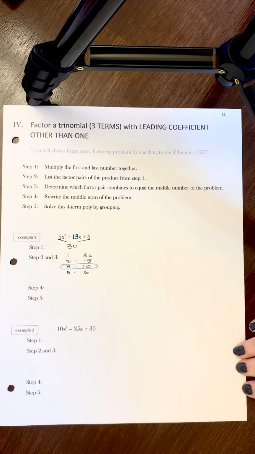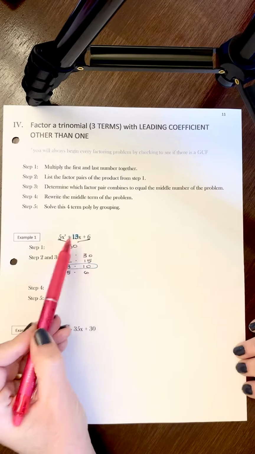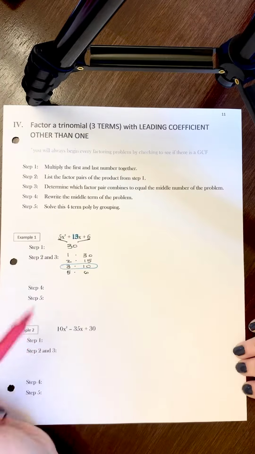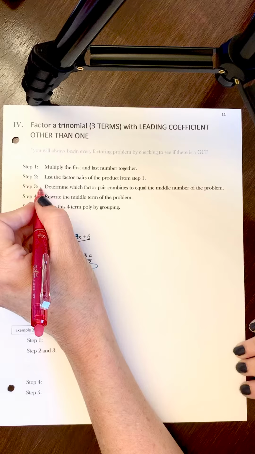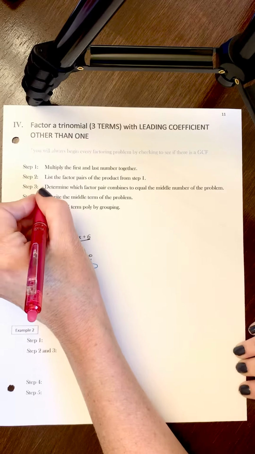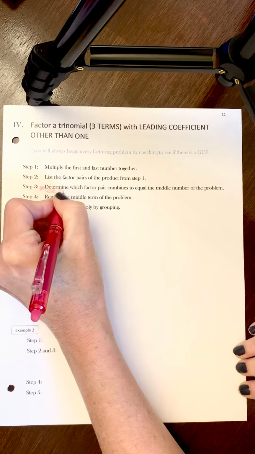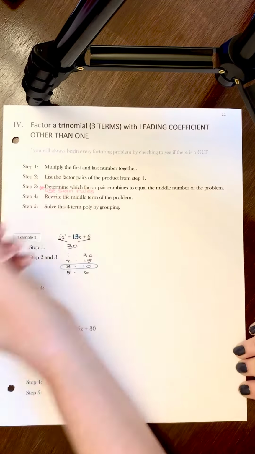Now in this problem, it's pretty simple because the signs are going to be the same. They'll both be positive. But I do want to point out, whenever the signs are different, in this step, this is where you will also use the sign rules that we learned last time.